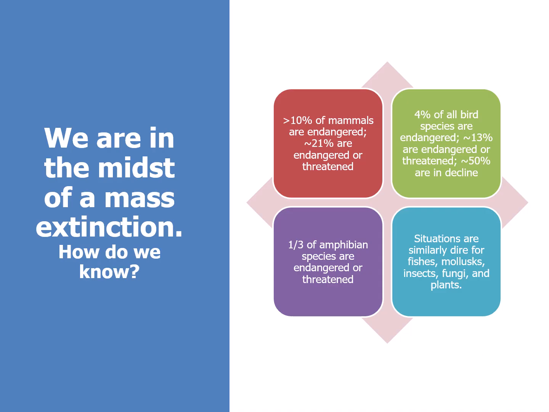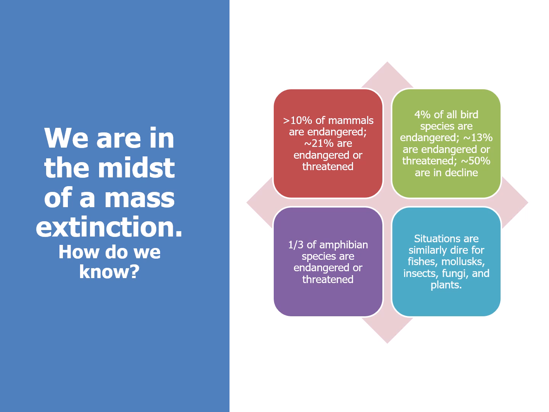Now, I mentioned this before. Currently, we are in the midst of a mass extinction, and let's talk about how we know that. More than 10% of mammals are endangered, and roughly 21% are endangered or threatened. A lot of you chose a lot of mammals for your Save the Species project, and you know this in your research, that there are a lot of reasons as well as a lot of species that you could have chosen from for species that are endangered or threatened, or maybe they're at risk.